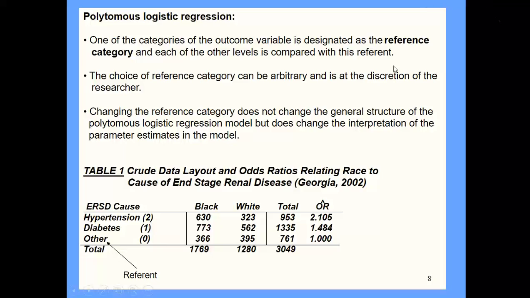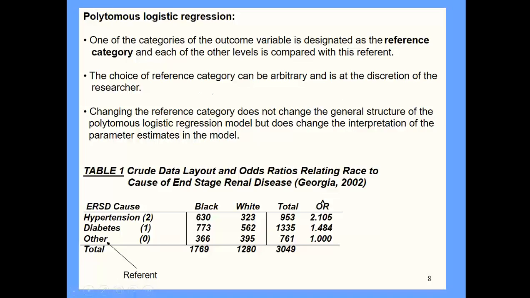But now what you do, in this case, there's 3 categories of the outcome: hypertension, diabetes, and other. When you have more than 2 categories, the outcome variable has more than 2 categories, and what you typically do is designate one of the categories to be your referent category. Typically, the choice of the referent category can be arbitrary and is at the discretion of the researcher.